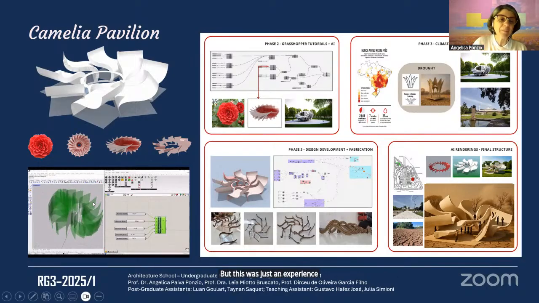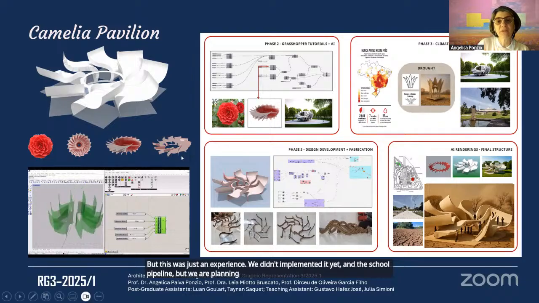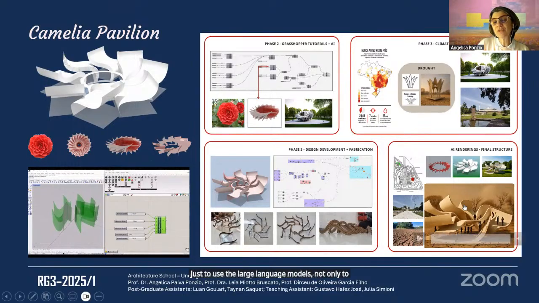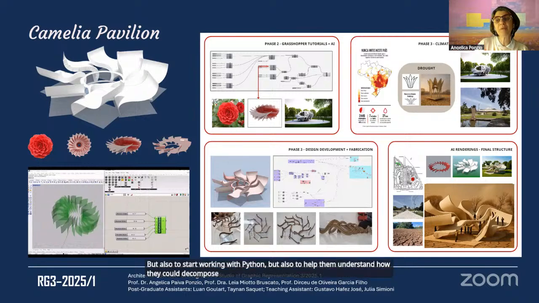We didn't implement it yet in the school pipeline, but we're planning to do it this semester again, just to use the large language models, not only to do the image renderings, but also to start working with Python, and also to help them understand how they could decompose the geometry before they go to coding.